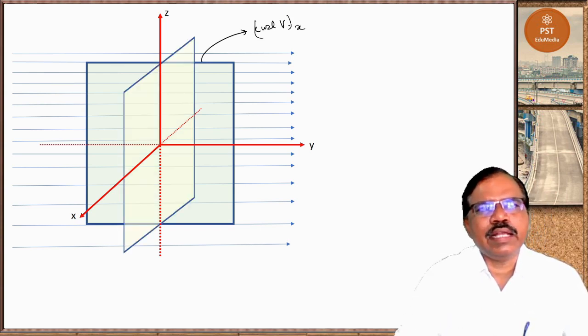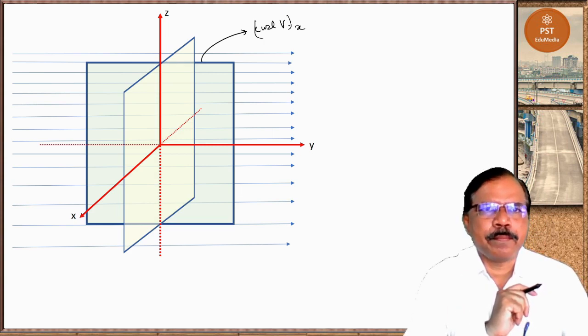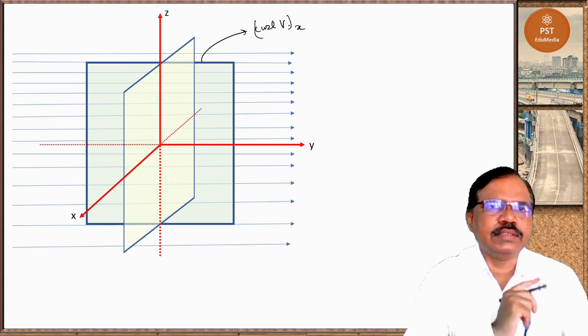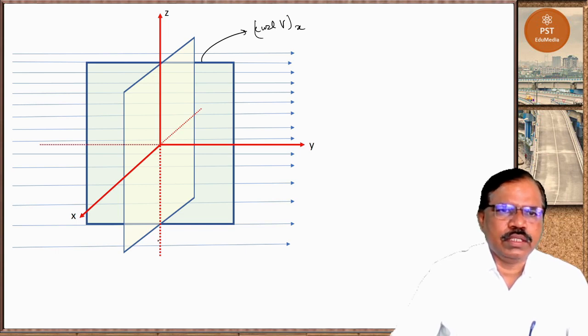Now you can take an area in the xz plane. So here you can take a', b', c', d'.